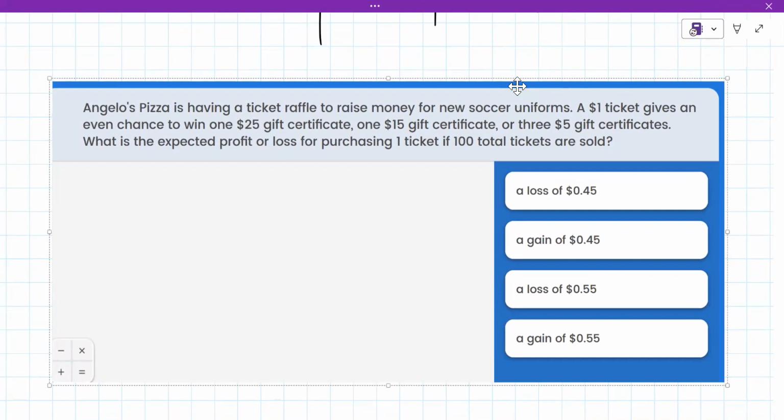What is the expected profit or loss for purchasing one ticket if 100 are sold? In real life, you would never play a game where you would lose money on. No one would create a gambling game like that, so it's probably a loss. Okay. Yeah.